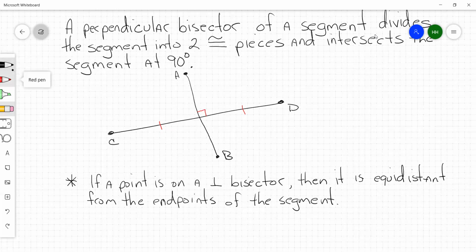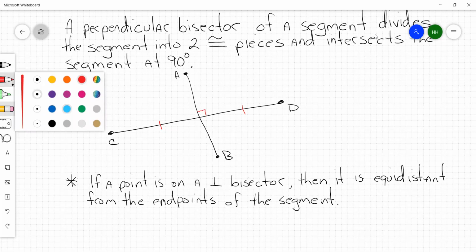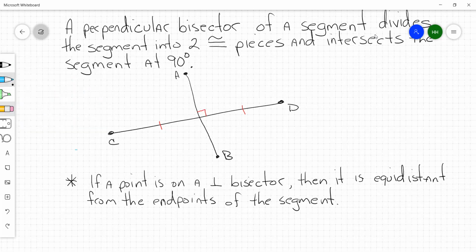Now I'll let you get that written down and then I'm going to see if it sinks in any. If a point is on a perpendicular bisector, then it is equal distance from the endpoints of the segment. So what can we say about segment AC?